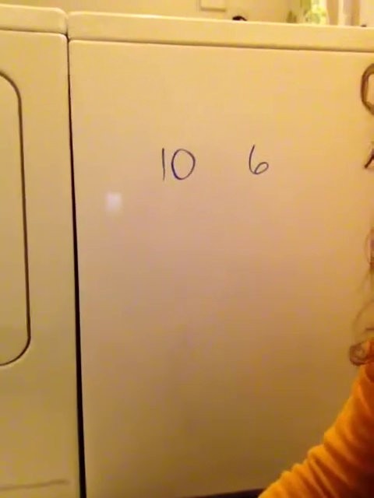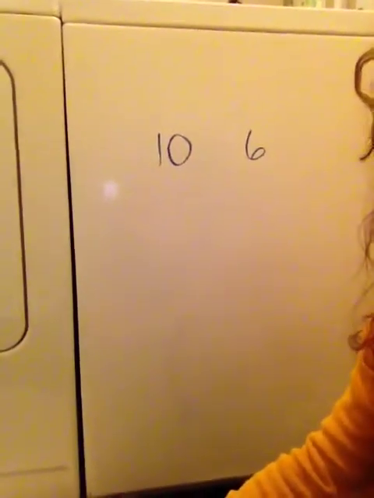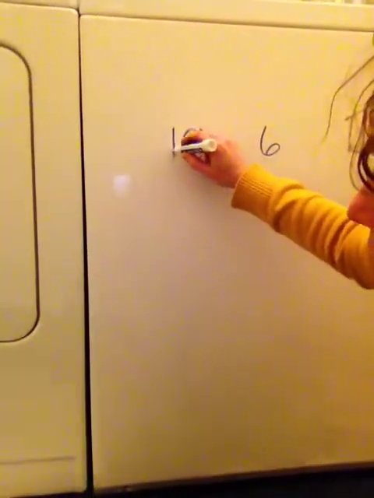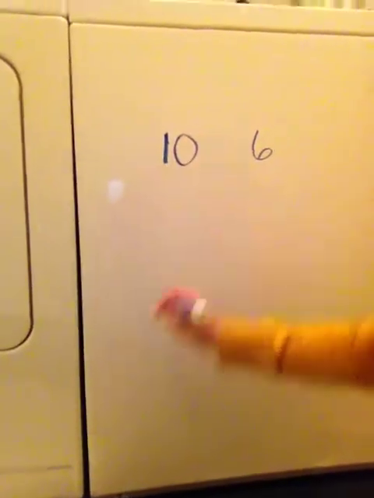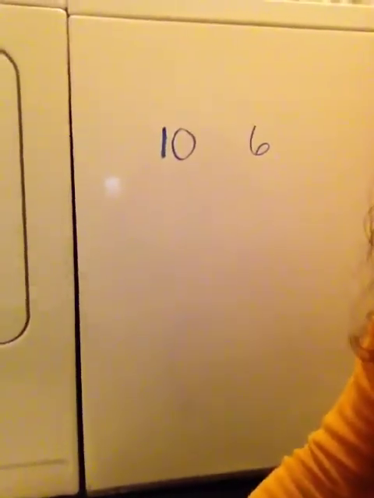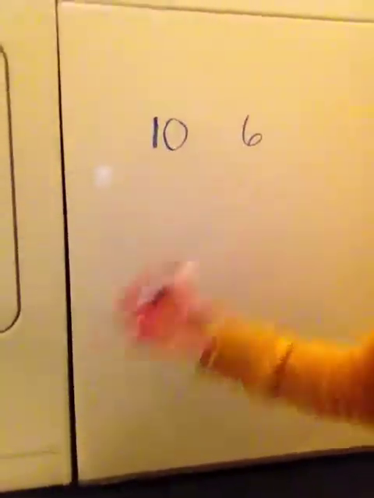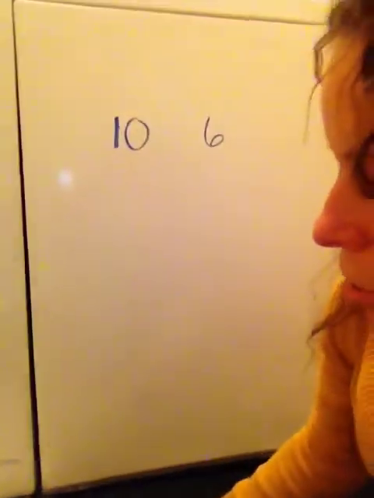Think about it: the least means the lowest number, right? Common means that these guys have to have it in common, right? And it's a multiple. A multiple is something that if you multiply these guys by something, it gives you one of the answers.